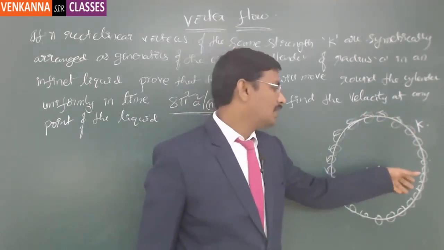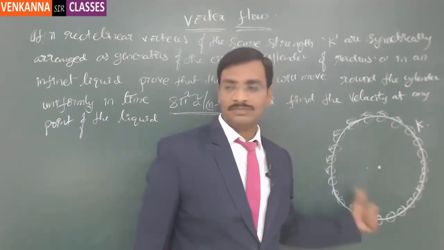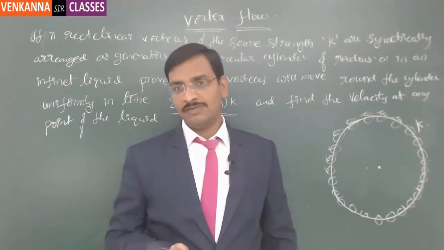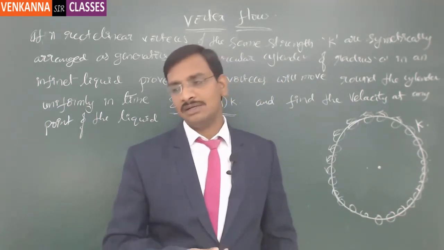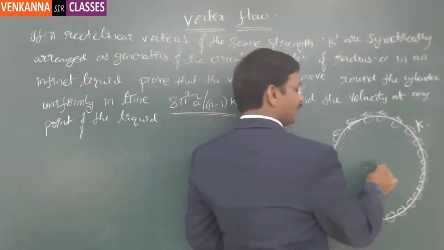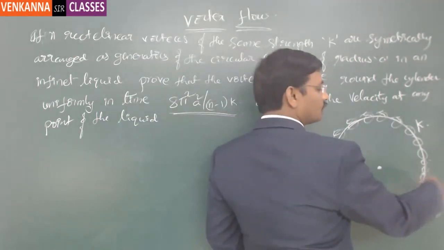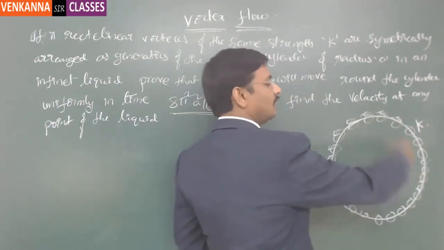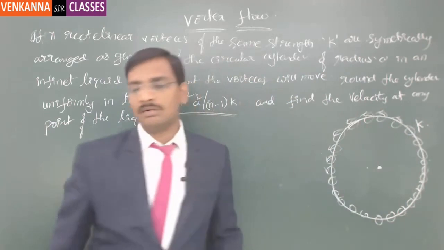That means all these vortices will try to rotate like this. It is like the Earth rotating about itself and also rotating around the sun. Both are there. If this is the sun and this is the Earth, it will rotate on its own and also rotate in the entire circle. So all these vortices together will rotate in this particular manner. Got it?